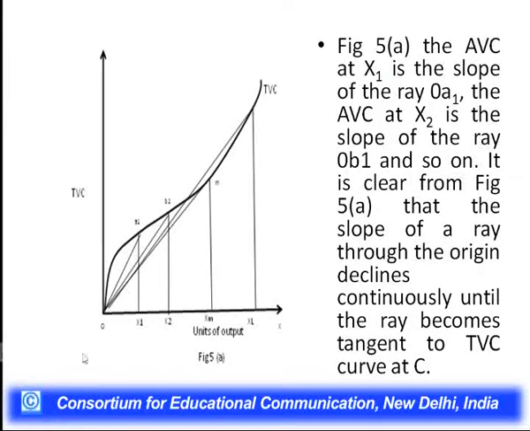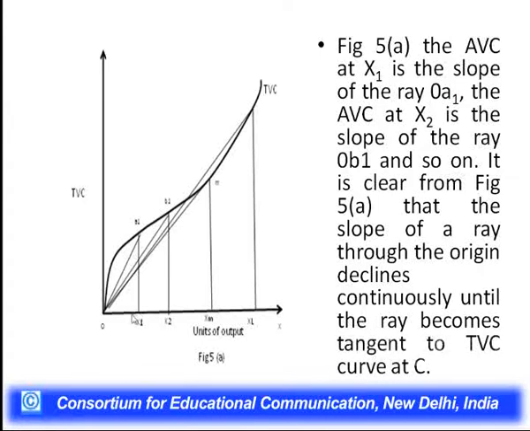So I draw a line through the origin and touch at that point on TVC, and the slope of that line will tell you what is the AVC. So different lines passing from the origin to the point on TVC have been drawn, showing what will be the AVC at different points.